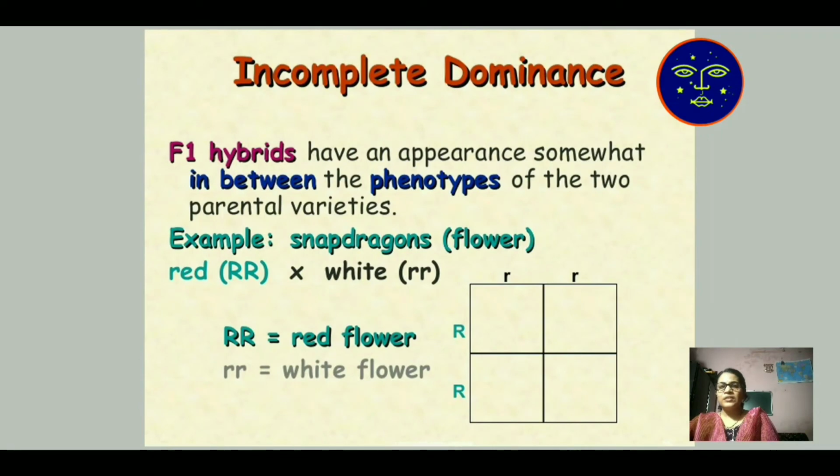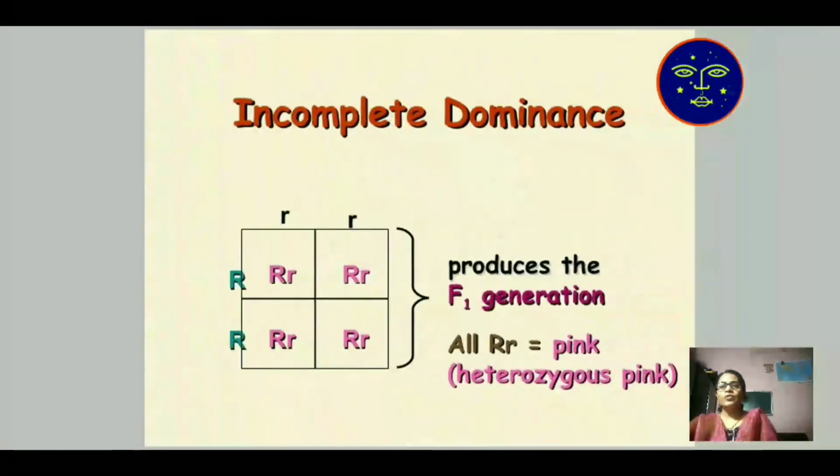Incomplete dominance means the F1 hybrid has an appearance somewhat in between the phenotypes of the two parental varieties. This is known as incomplete dominance because one character is not completely dominant over the other; only sometimes is the character dominant.